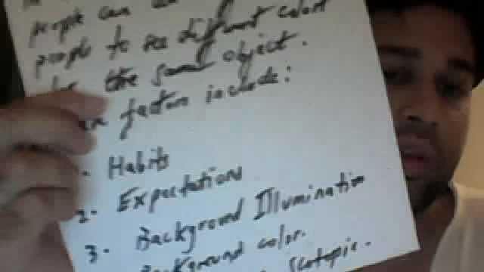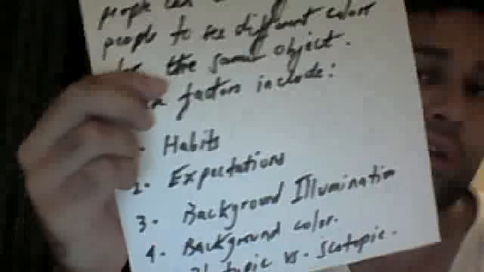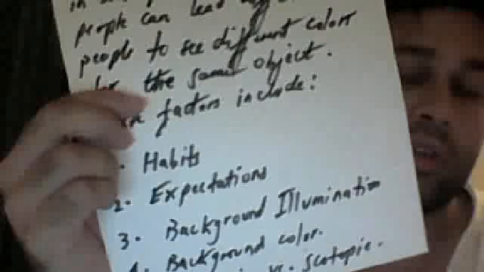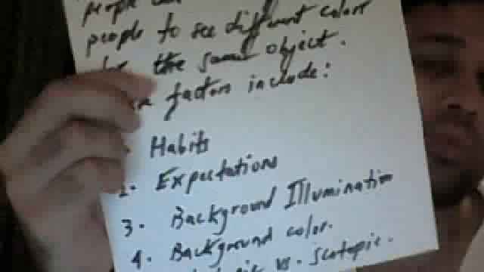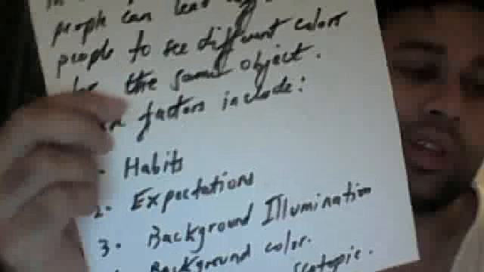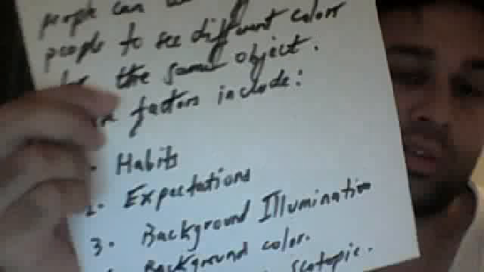We all have habits, and habits die hard. The way we see the world, the way we experience it, the things that we are around, different people are around different environments, and so our expectations and our habits can sometimes affect what we see, because we see what we tend to see.